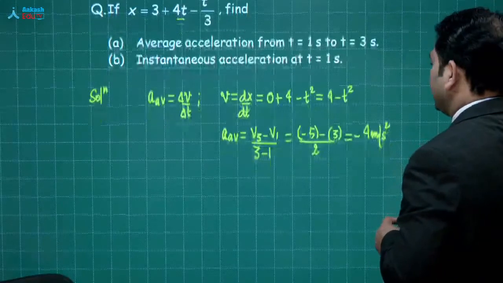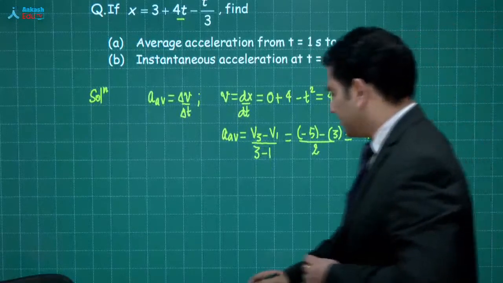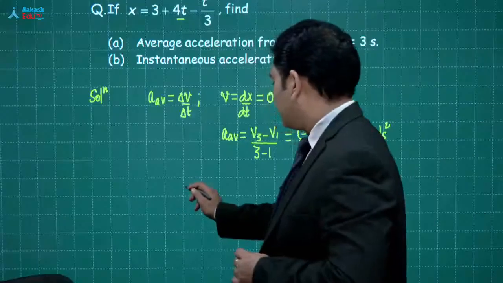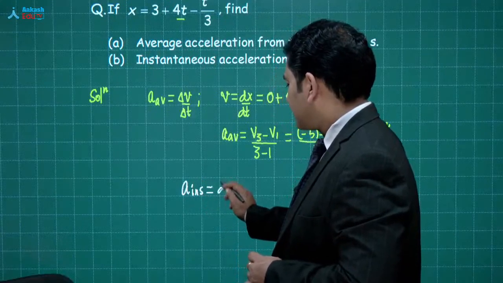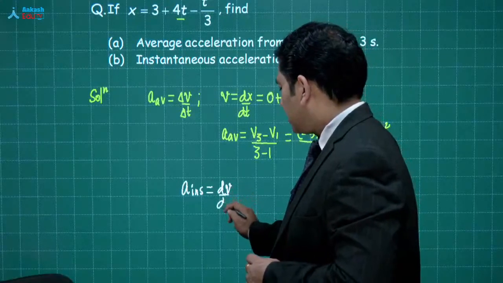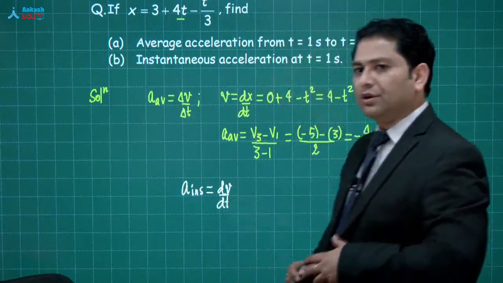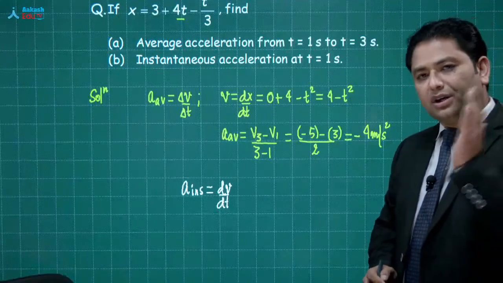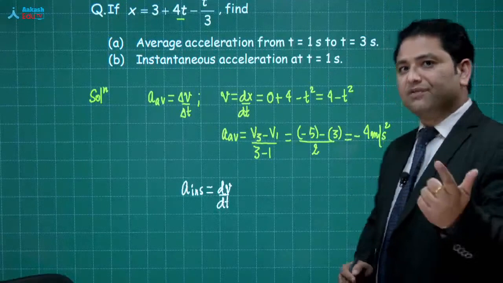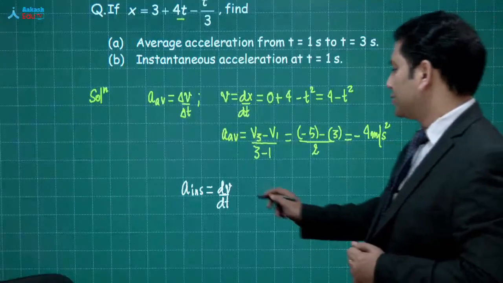Now I would like to go for the instantaneous acceleration. And we said in the last class too, it's not that you put the value first and then differentiate, right? You have to differentiate first and then put the value. Remember the last thing we talked about.